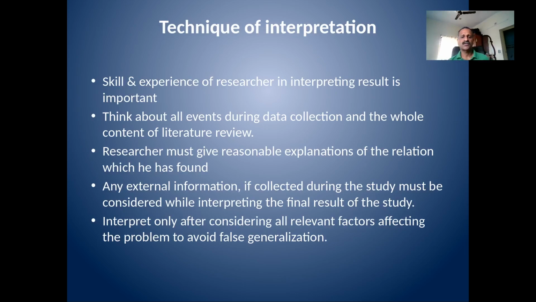The researcher must give a reasonable explanation of the relation which he has found. Then any external information, if collected during the study, must be considered when interpreting the final result of the study, as I mentioned now. Then interpret only after considering all relevant factors affecting the problem to avoid false generalization.